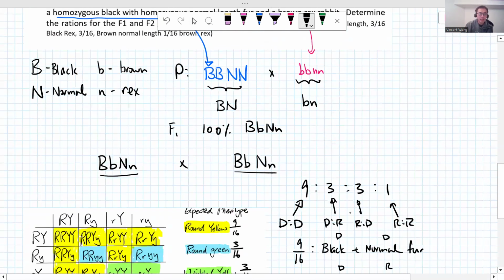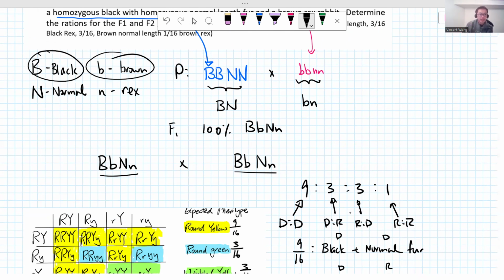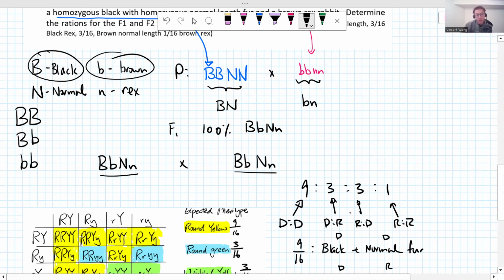Dominant means it will always show up, even if you only have 1 copy of it. That's why big B is black, big B is also black, and small b is brown. Dominance means it will cover up the other trait.